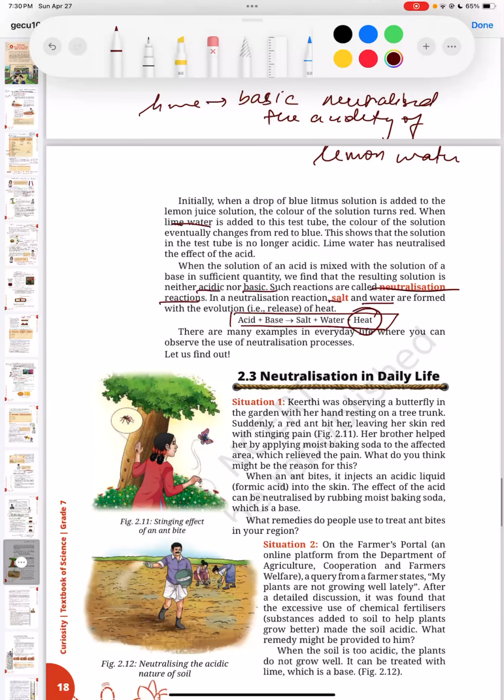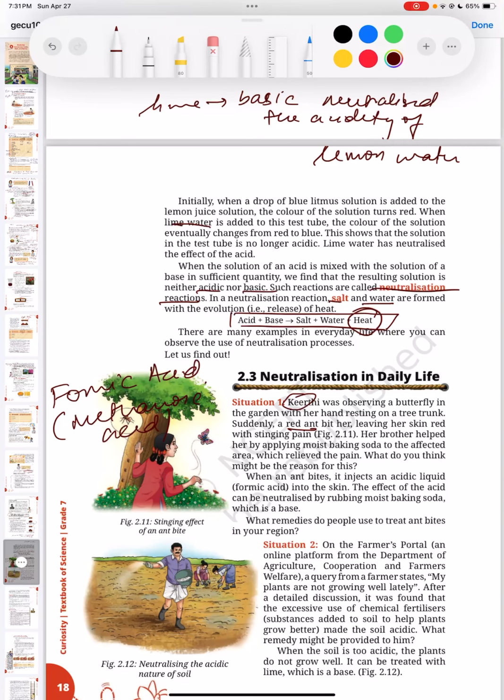So for example, someone was walking around, and a red ant bit them, right? Now the way to treat this: the red ant bite contains an acid called formic acid. Formic acid is nothing but methanoic acid.